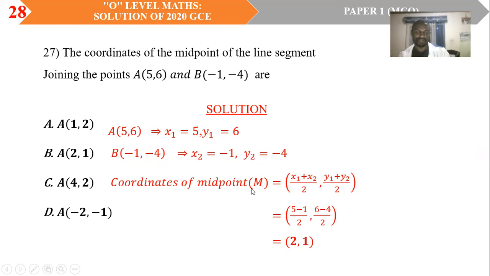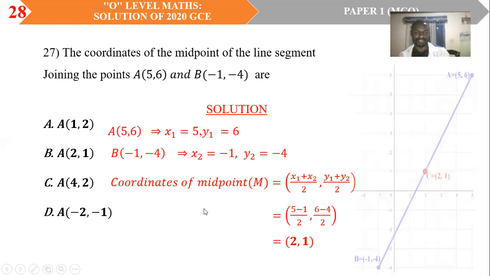Coordinates of the midpoint are given by (x1 plus x2 over 2, y1 plus y2 over 2). Our x1 is 5, x2 is -1. So 5 plus -1 is 5 minus 1, which is 4 over 2, giving 2. y1 is 6 and y2 is -4. So 6 plus -4 is 6 minus 4, which is 2 over 2, which is 1.